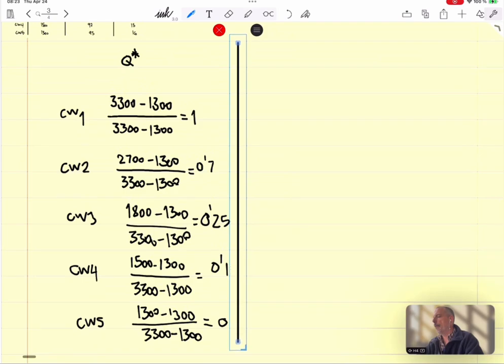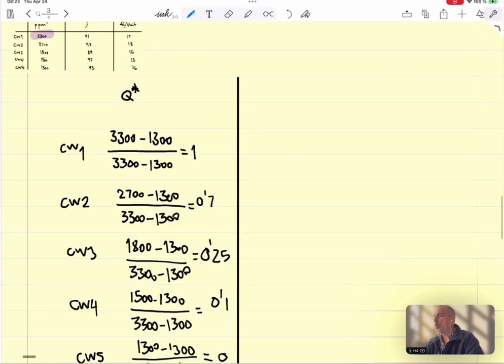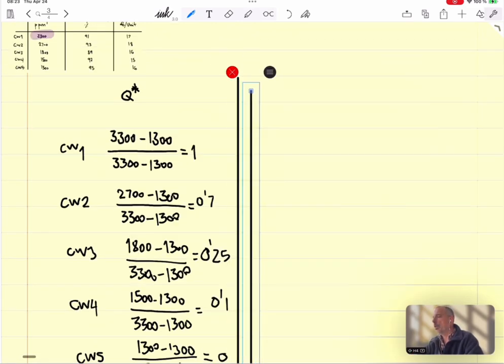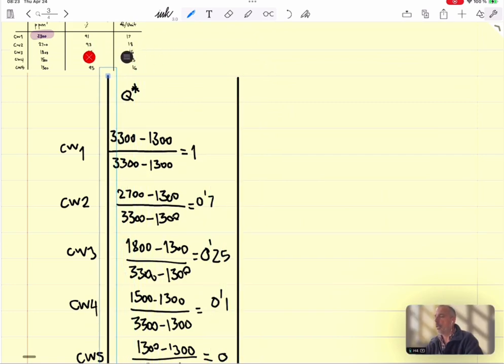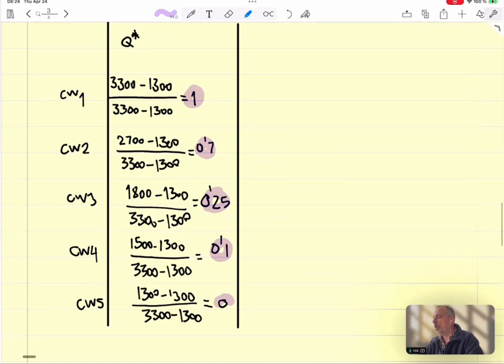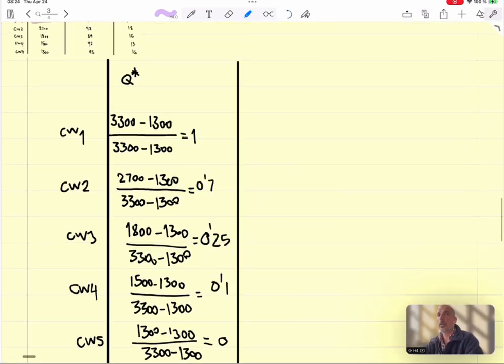Any questions? How to do this? This is super simple math. If you write me in the exam only 1, 0.7, 0.25, 0.1, and 0, you get no points. The reason is I need to know that you understand the method.